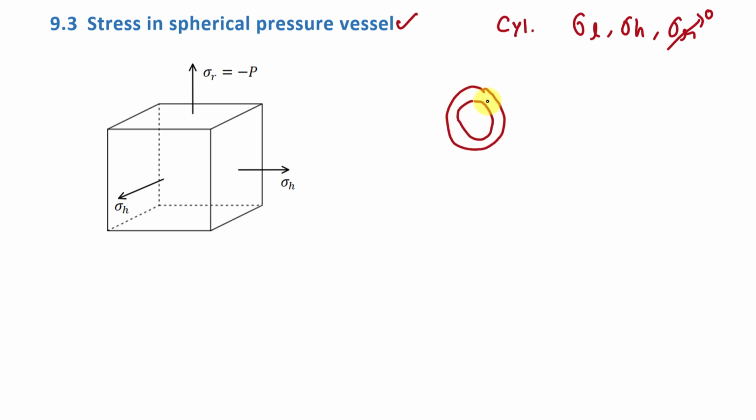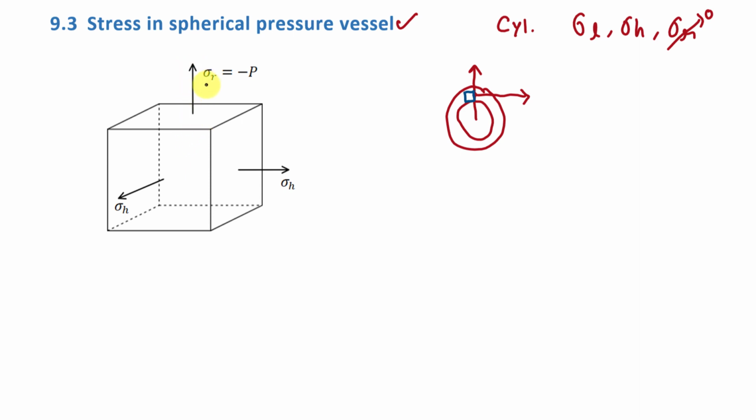So in this case, we will have two tangential directions and one radial direction. Here, this is going to be the radial direction, this is going to be the tangential direction, and there will be also one direction which is perpendicular to the screen at this point, and that is also called as tangential direction. Fine. So here if you will take any cube from the surface of this pressure vessel, then it will have this type of stresses.